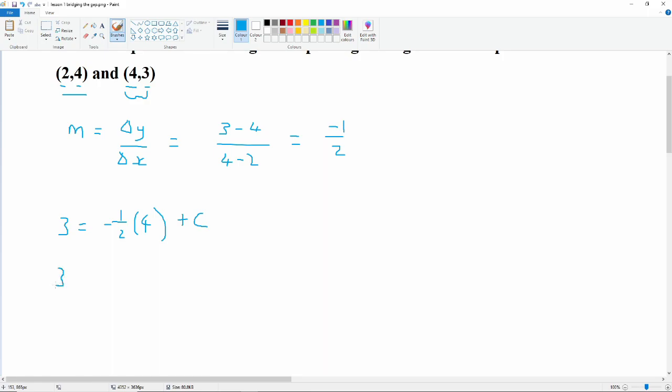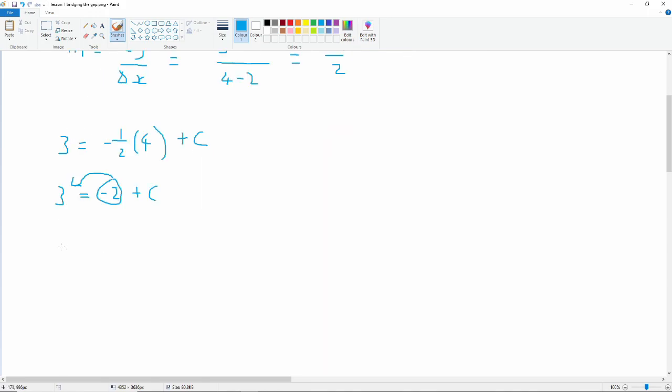So 3 is equal to minus 1/2 times 4. Well, 4 divided by 2 is 2, and then multiplied by negative 1 is negative 2. And then we add c. Bring the 2 over. It's going to change sign. So 3 plus 2 equals 5.